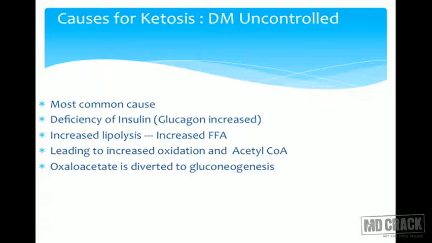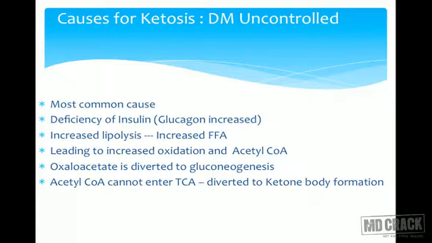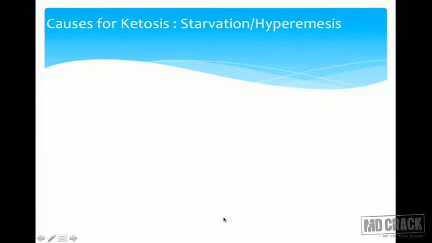At the same time, because of the imbalance between insulin and glucagon, because of the lack of insulin, gluconeogenesis is stimulated, oxaloacetate is diverted. So acetyl-CoA cannot enter the TCA cycle, it is diverted to ketone body formation.